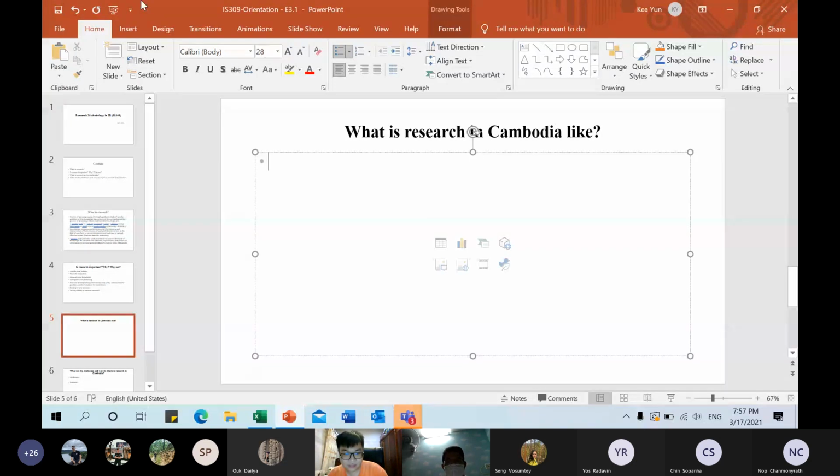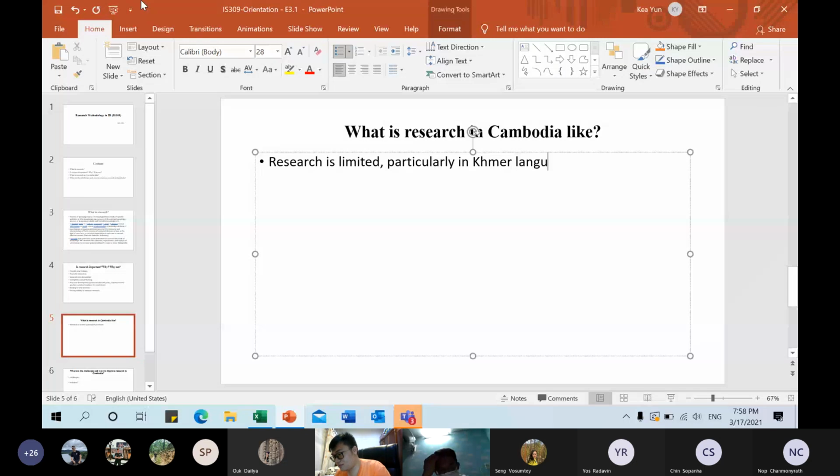Not many research studies are being done in Khmer, or even if they are done in Khmer, there's no reliable source in Khmer. It's mostly in a foreign language. Right? So research is limited, particularly in the Khmer language. Anything else? Any other assessment?